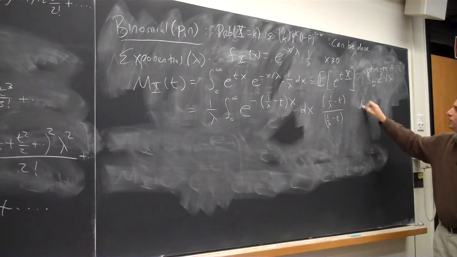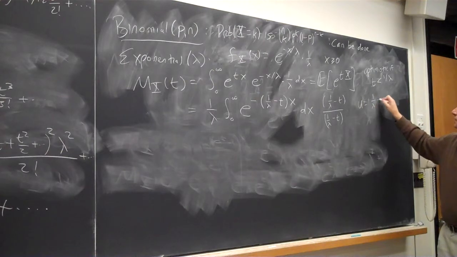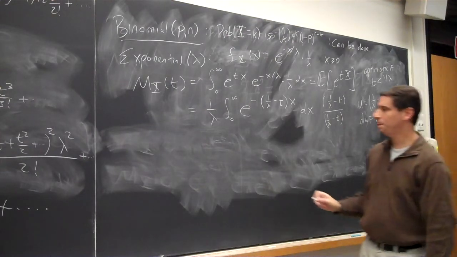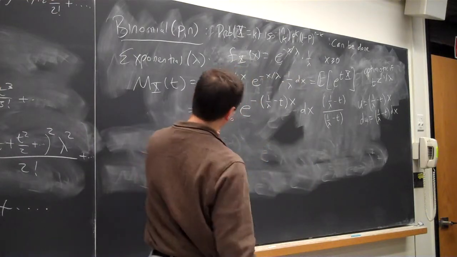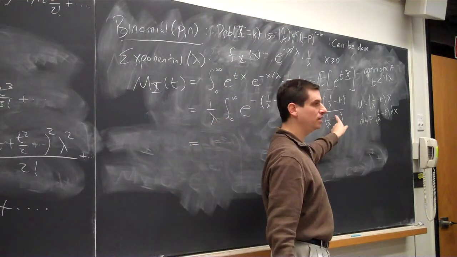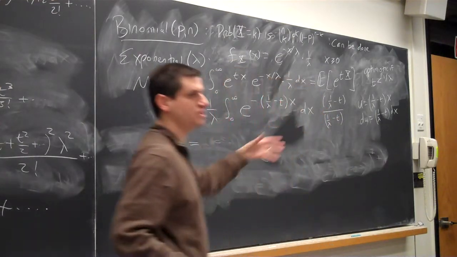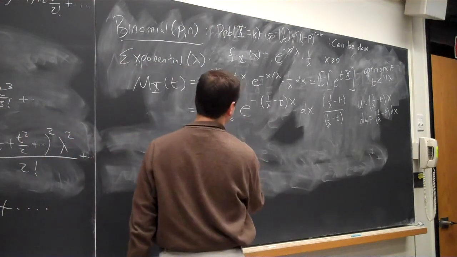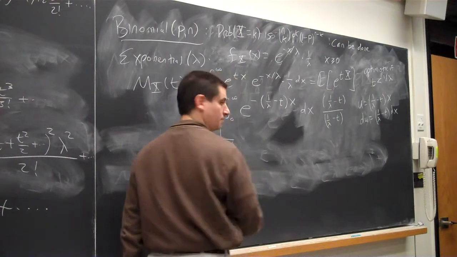So if I let u equal 1 over lambda minus t times x, then du is just 1 over lambda minus t dx. And we will get 1 over lambda times 1 over lambda minus t, bring the lambda inside, and you'll get a 1 over 1 minus lambda t.